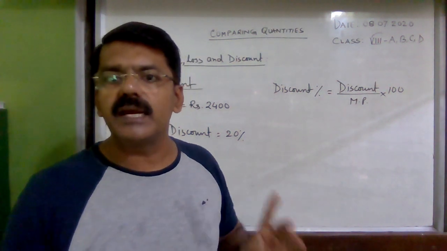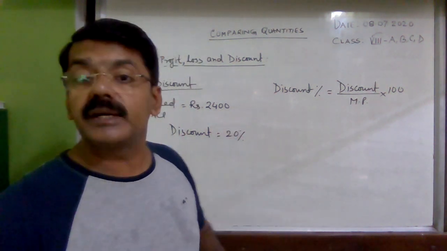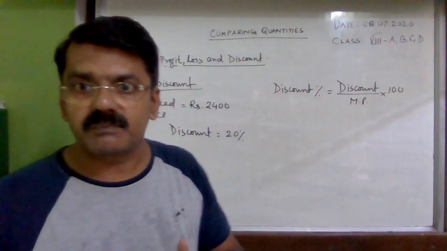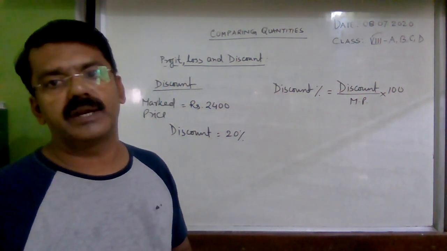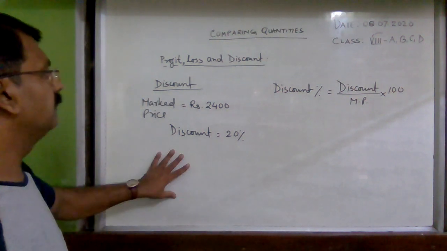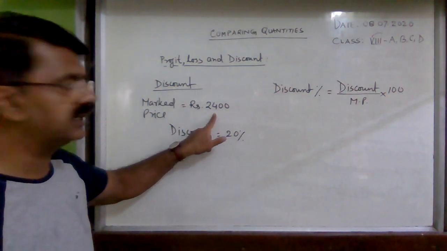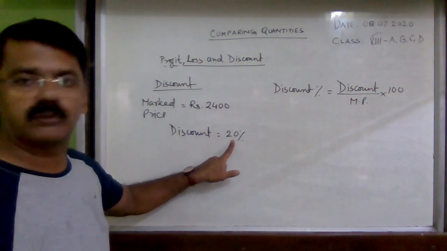Profit percent and loss percent are calculated on the cost price, whereas discount percent is always calculated on the marked price. So here the marked price was 2400 and the discount percent is given 20%.